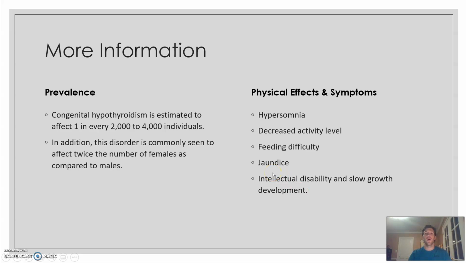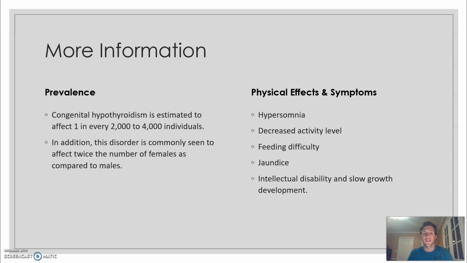More information: it is seen that 1 in 2,000 to 4,000 individuals have the disorder, and it's primarily seen in women in a ratio of 2 to 1 compared to males. Although this disorder does not show with other physical defects as some other genetic disorders do, primary congenital hypothyroidism has some symptoms, including hypersomnia, which is oversleeping, and overfatigue.